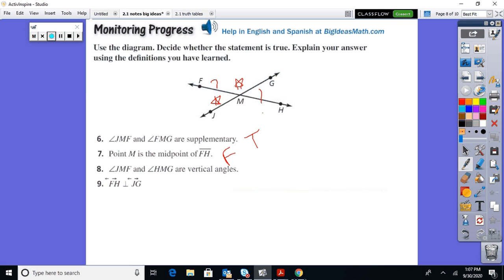They'd have to tell us that. JMF and HMG are vertical angles. Yep, that's true by definition. So the definition will be your explanation. And are they perpendicular? That's false. We would need more information. We would need the right angle symbol there.